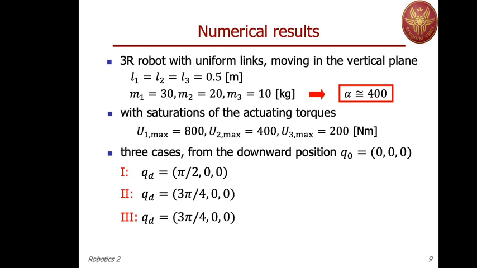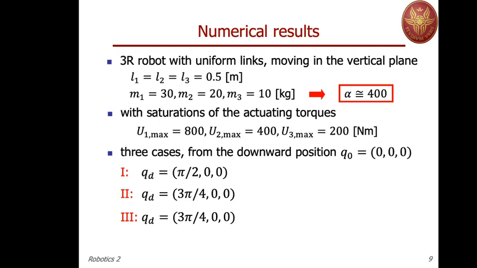So if we perturb a little bit this configuration, the robot will go back to this one. So we start at rest from 0, 0, 0. In the first case, we would like to move the first link by 90 degrees while keeping second and third straight. So from straight downward to straight horizontal.